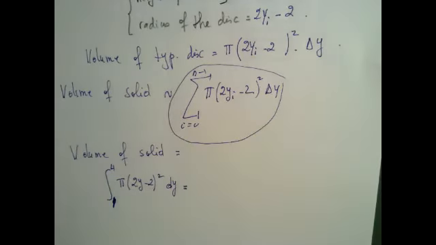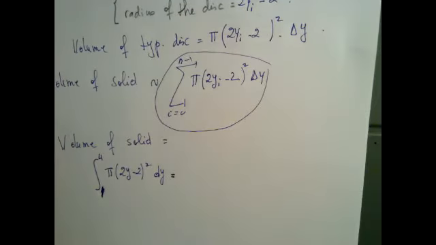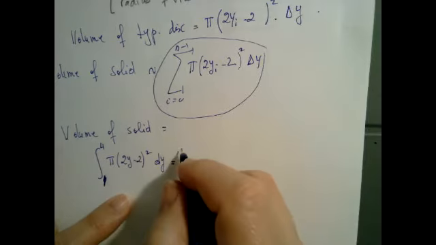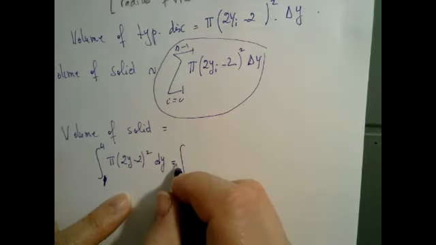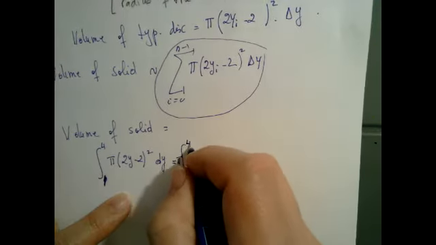Okay, now how do I integrate this quickly? Now you are stuck with this problem. How do you think I can integrate? Pi is a constant, I'm going to take it out. Any idea?